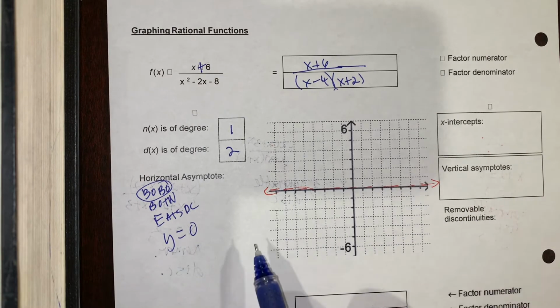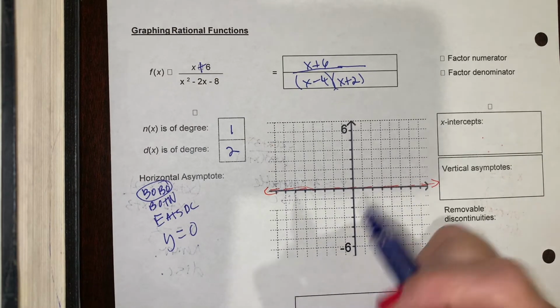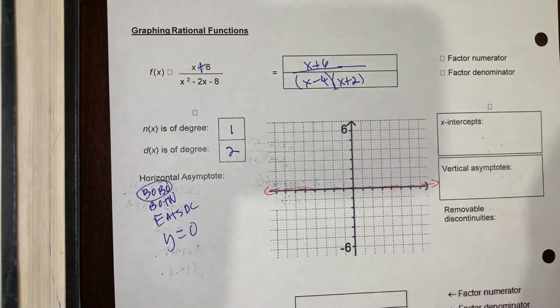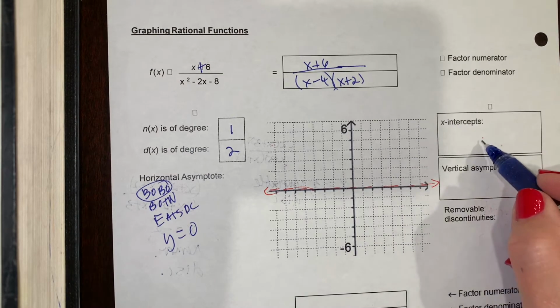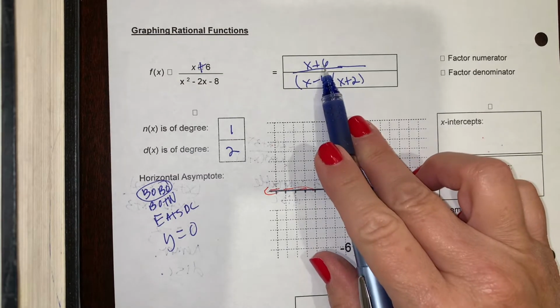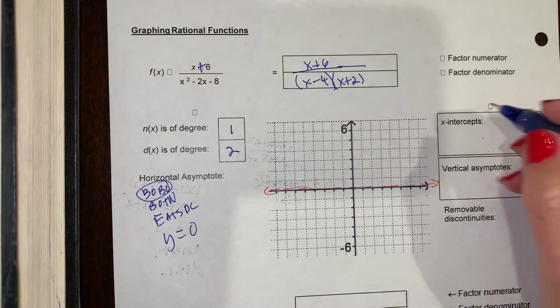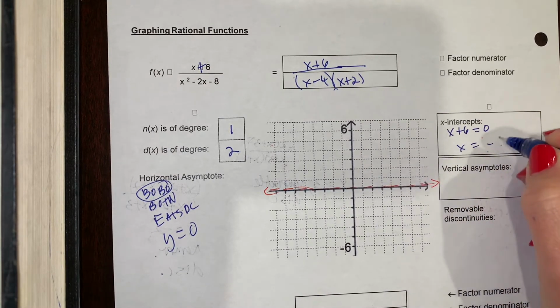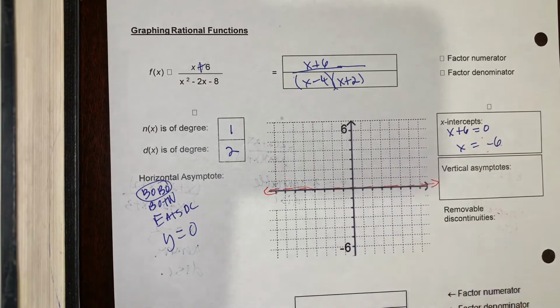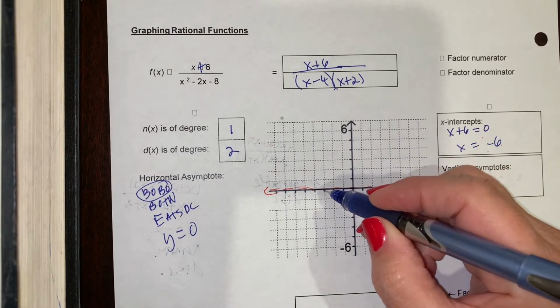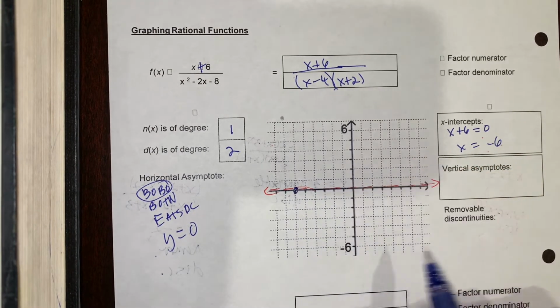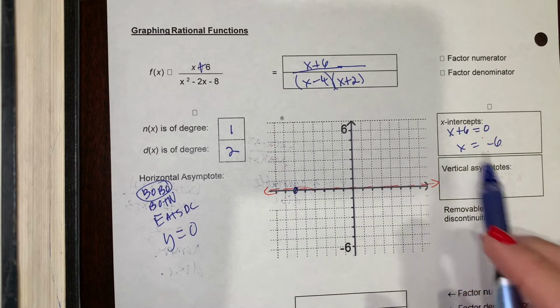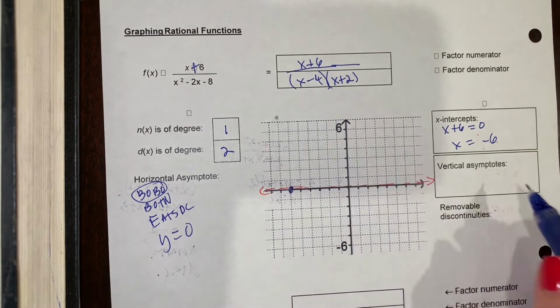Okay, the vertical, let me come over here. So I factor the numerator. The x-intercept is found by setting the numerator equal to 0. So if I take x plus 6, set it equal to 0, that means that there is an x-intercept at negative 6. So 1, 2, 3, 4, 5, 6. Okay, there's a vertical asymptote if I set both of these equal to 0.